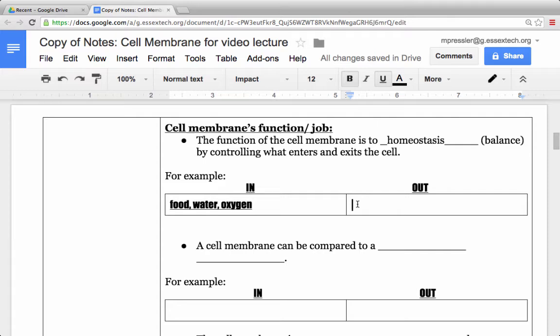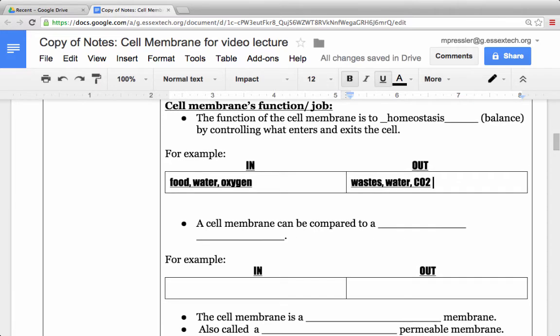Well, things that the cell may not want any longer are wastes, water, carbon dioxide, put a little 2 there, okay.